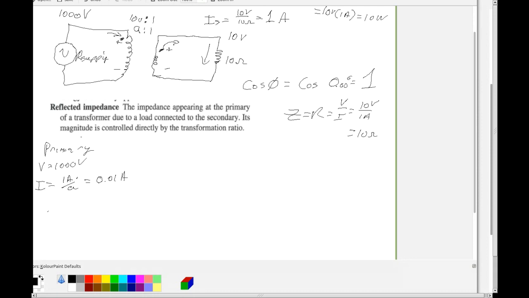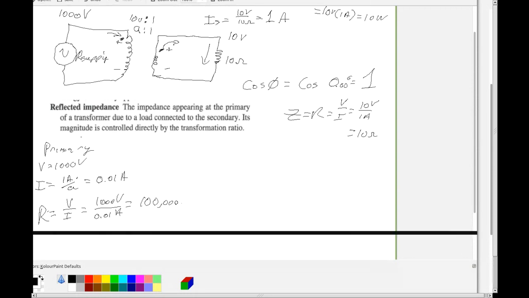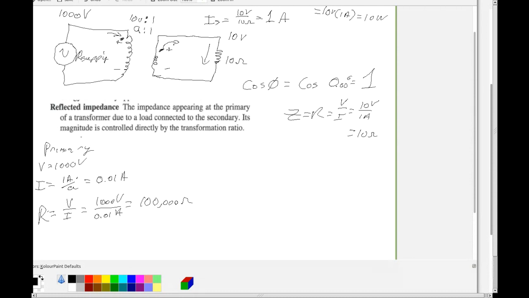So our impedance, which in this case is the resistance, is the voltage divided by the current, which is 1000 volts divided by 0.01 amps, which is 10,000 ohms, or excuse me, 100,000 ohms.